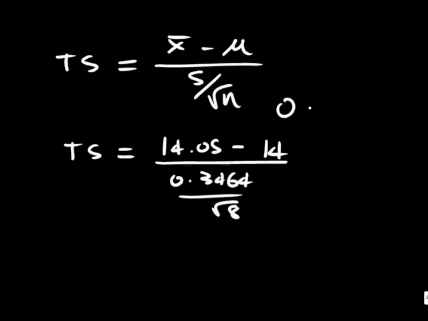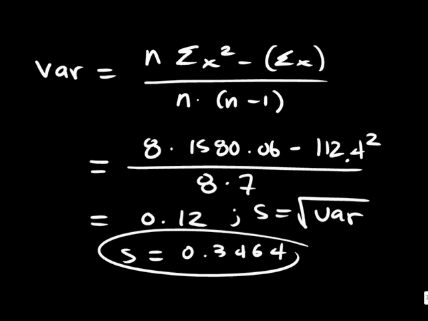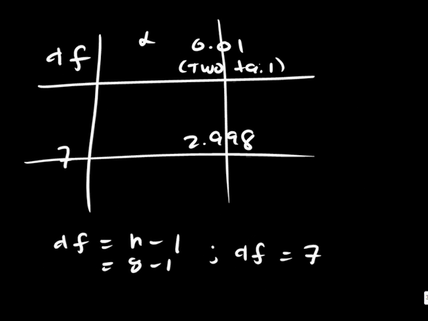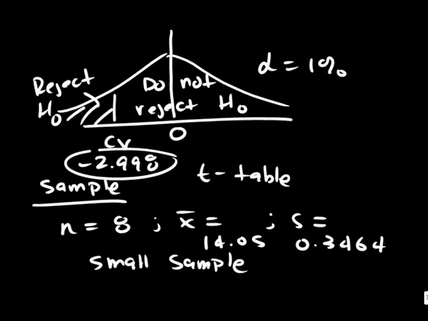Let's see where this lives on our decision rule. 0.41 is positive and it's close to 0. So our test statistic here is about in that position. It's a little bit to the right of 0, but it's clearly in the do not reject the null hypothesis region.